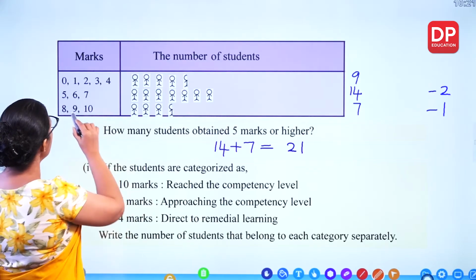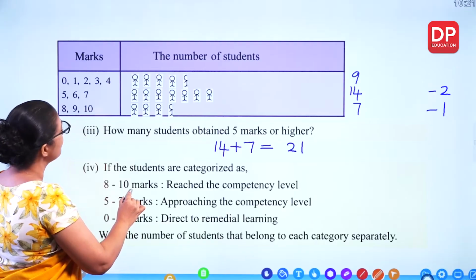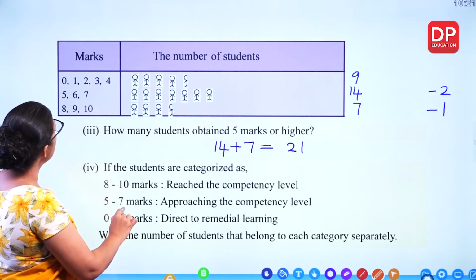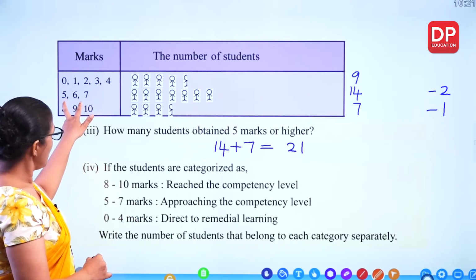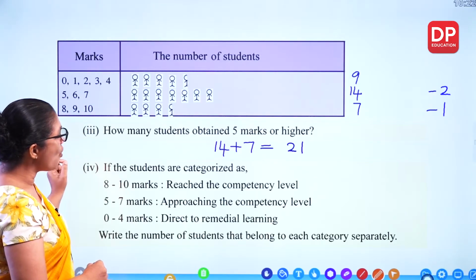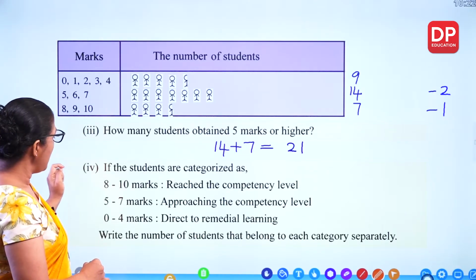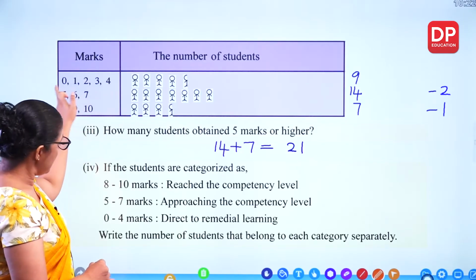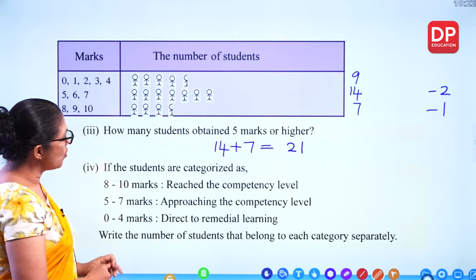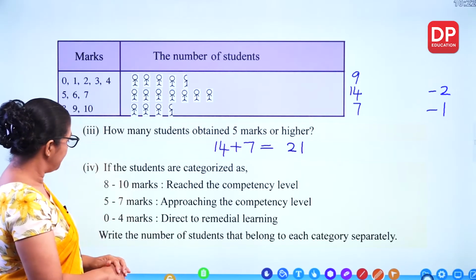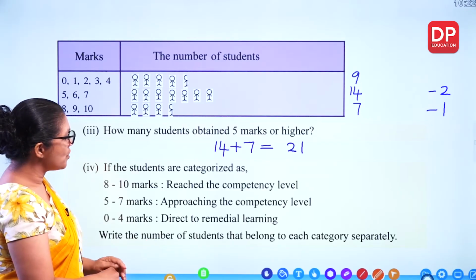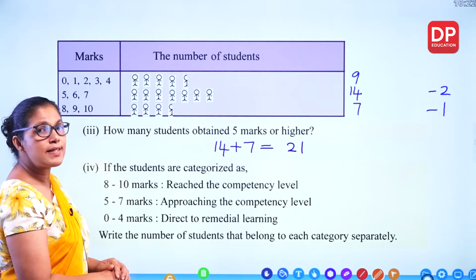If the students are categorized as 8 to 10 marks, reach the competency level. That means this one, 8 to 10. 5 to 7 means the second group, approaching the competency level. And 0 to 4 means the first one, direct to remedial learning. Write the number of students that belong to each category separately.